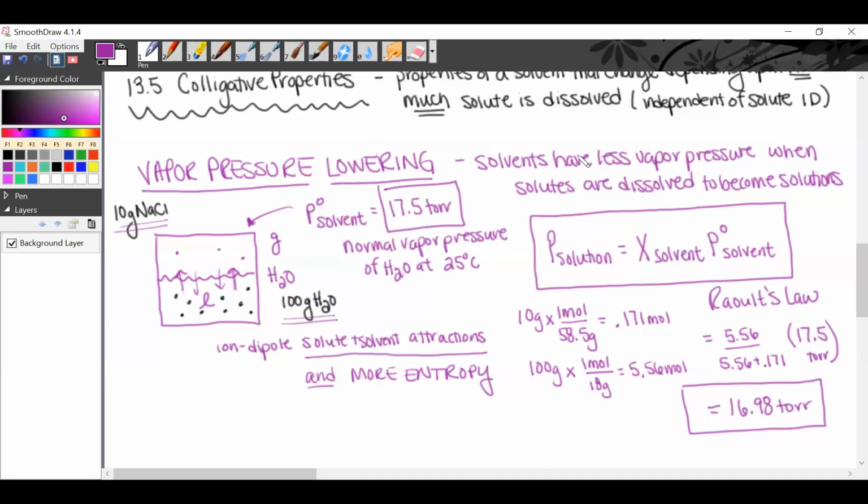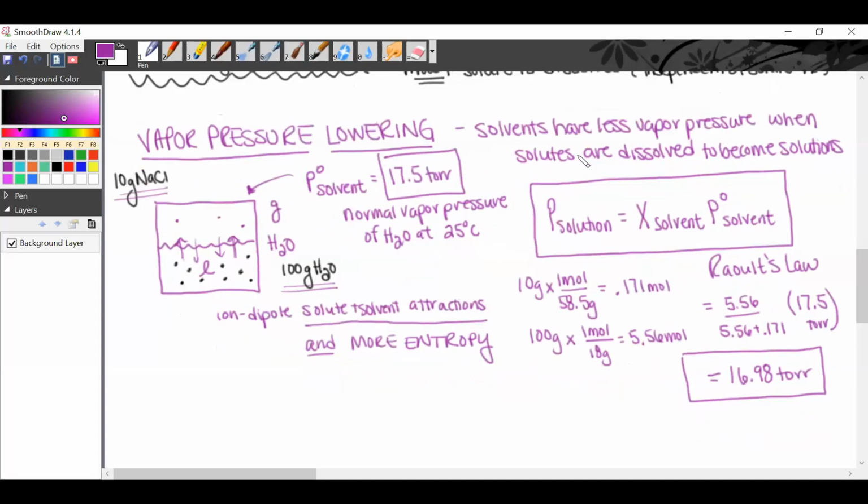This next one is related to vapor pressure lowering. If you recall, a substance boils when the vapor pressure is greater than the atmospheric pressure pushing down on it, right? So when we add enough heat to get that vapor pressure big enough to overcome the pressure of the atmosphere pushing down on that liquid, that's when something boils.